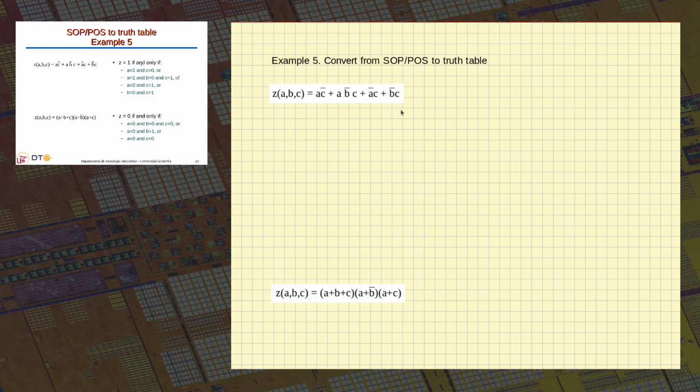But we can also convert from a sum of products just by trying to find out what are, in this case, the ones that correspond to every term in the table.